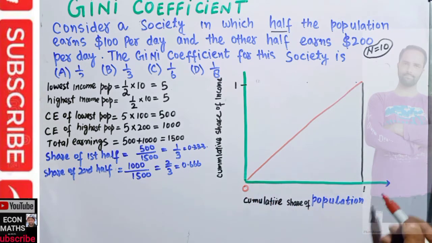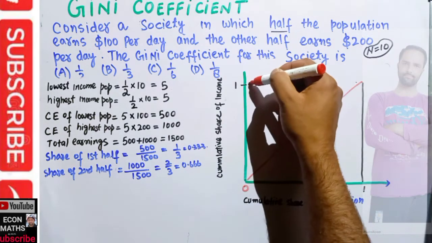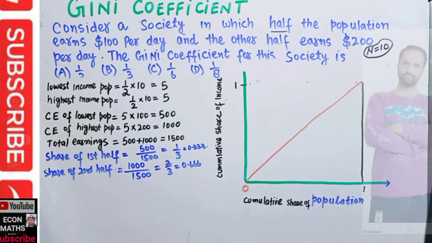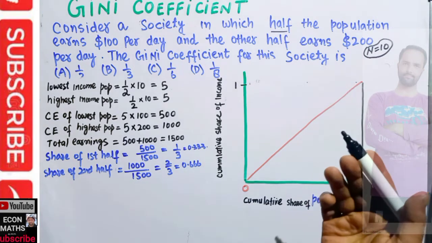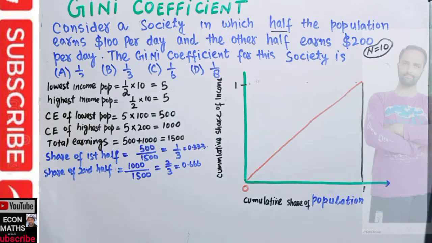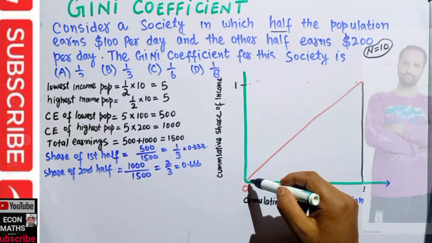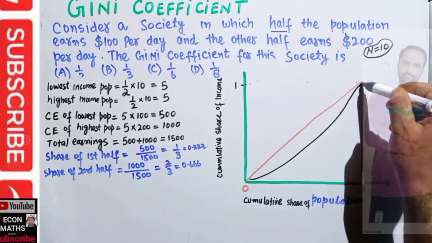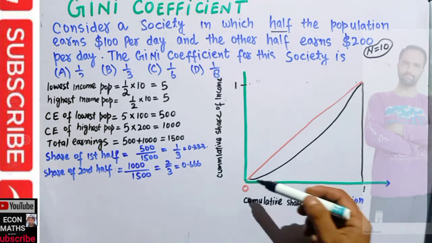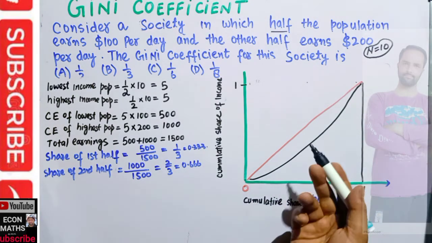If 1 denotes 100% here, similarly if I write 1 here, it depicts 100%. This is the cumulative share, and on this side we also have the cumulative share. Now this Gini coefficient is shown by, let me draw it like this. Let us say this black line denotes our Lorenz curve.